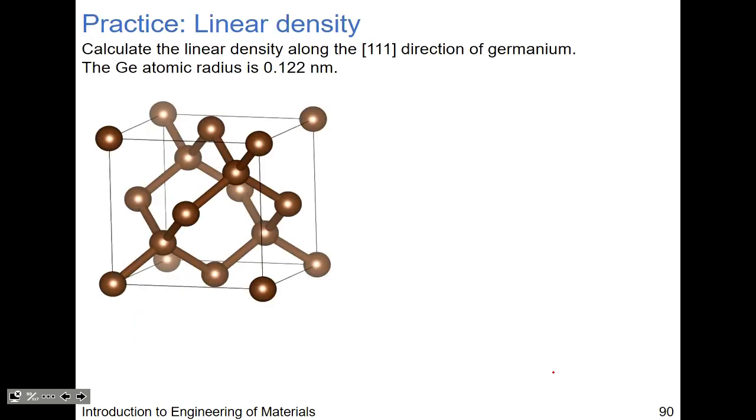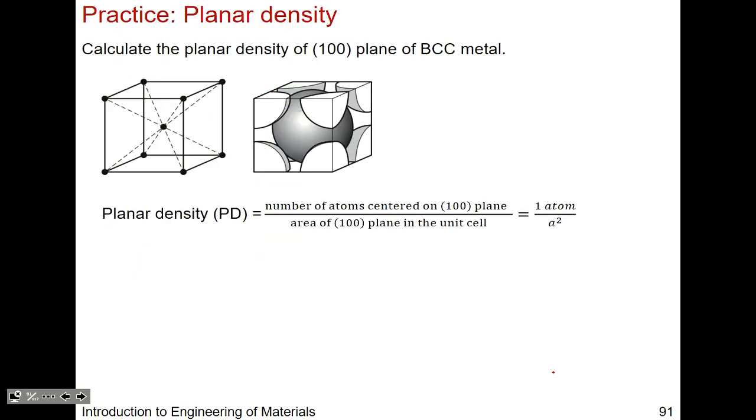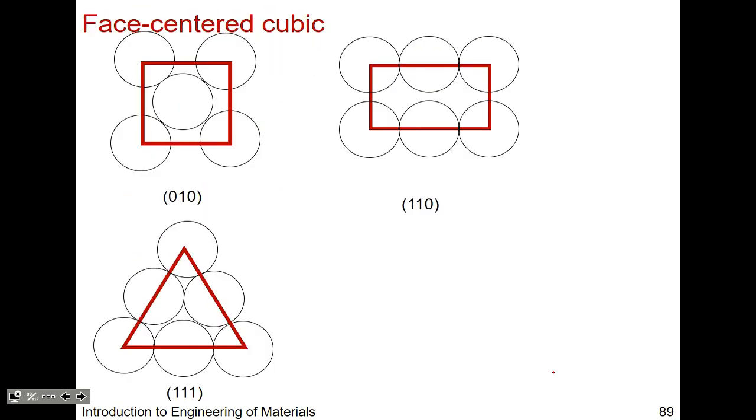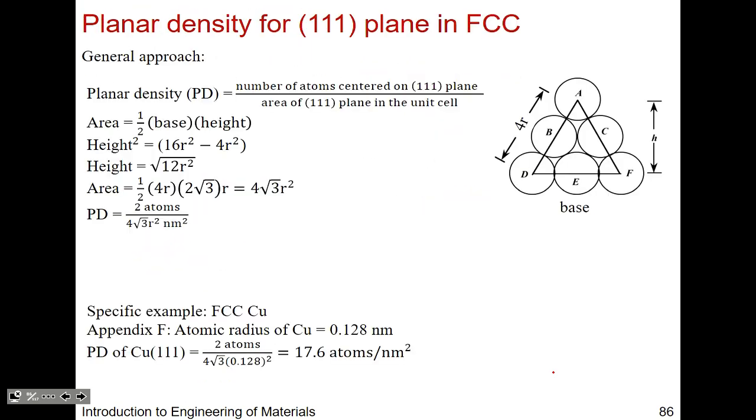So let's see, what is a good example to do? We can talk about planar density in 111. Sure, why not? The plane looks like this. Your 111 plane intersects the atoms and looks like this. Now, if you have a hard time visualizing this, I would suggest you open up your Vesta file.